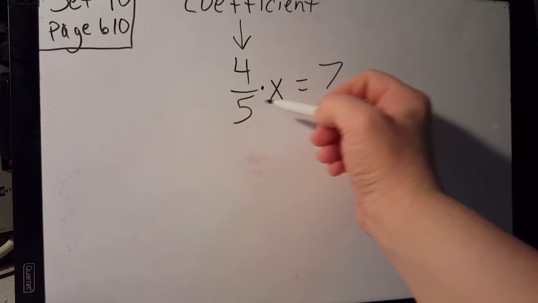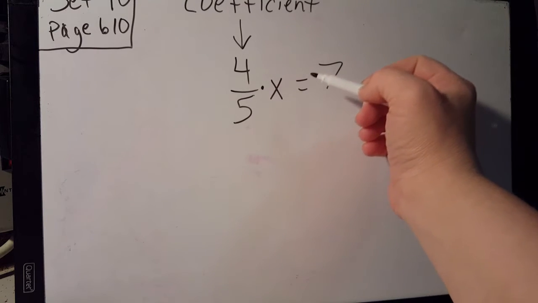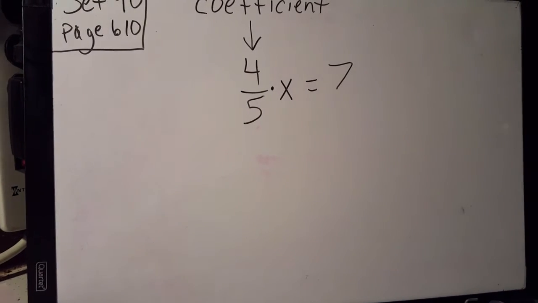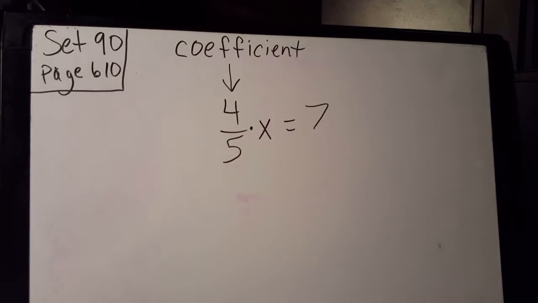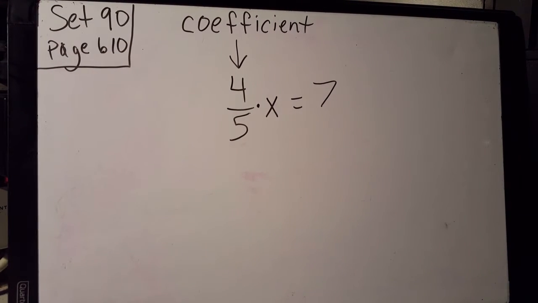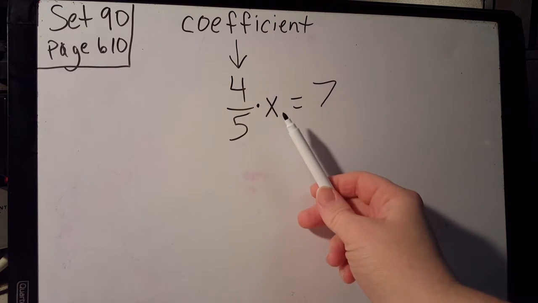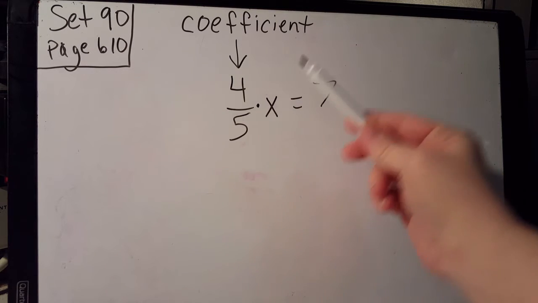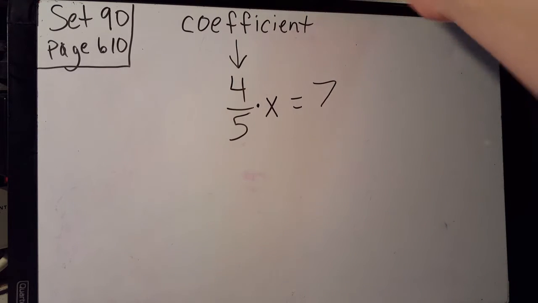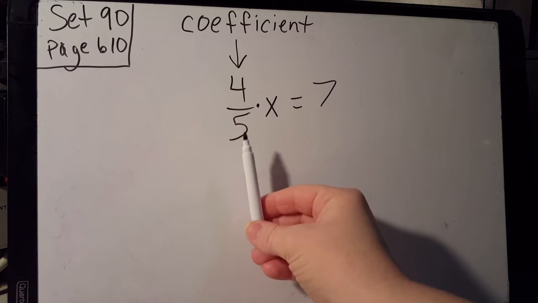So it would be 4/5 times something equals 7, and we have to figure out what that something is. And what you need to keep in mind is this term above the 4/5 called coefficient. Whatever number, whether it be a fraction or a decimal or just a whole number, multiplied by the unknown number, the variable, that number is called the coefficient. So this number that's multiplied by the unknown number is always the coefficient.